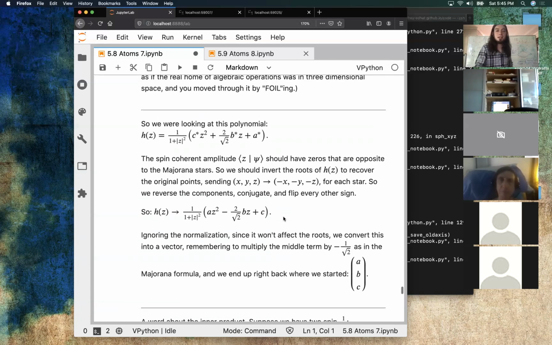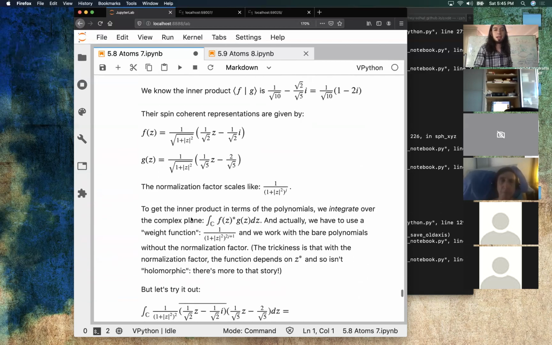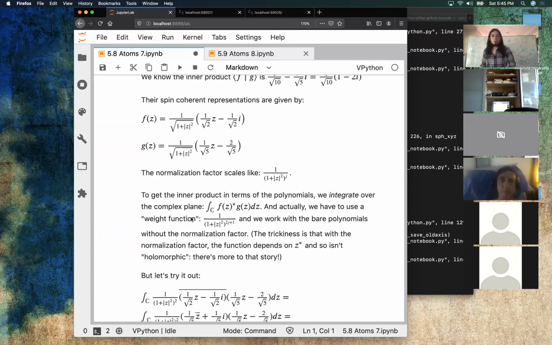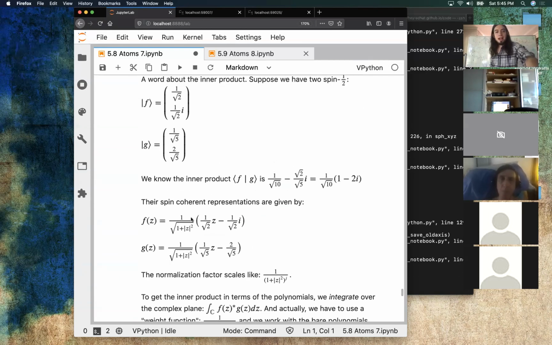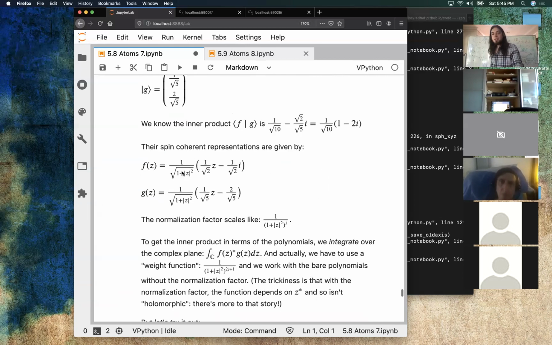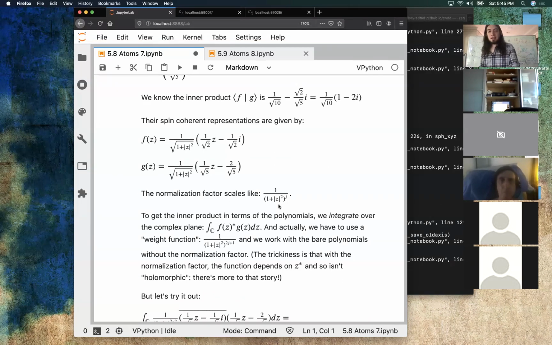And you can see here where this normalization factor is going to come into play. So we have f and g are two spin half states. And we can represent them by these polynomials using the little Majorana formula, where we just put in the normalization factor there. And that normalization factor is going to scale 1 over 1 plus absolute value of z squared to the j.